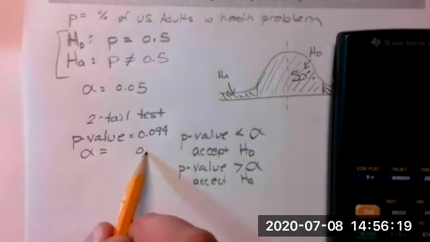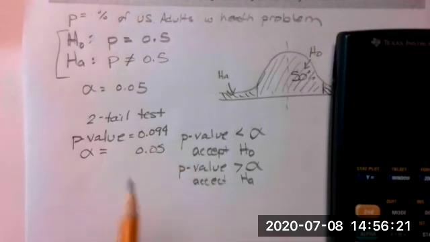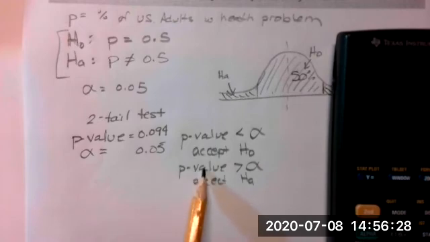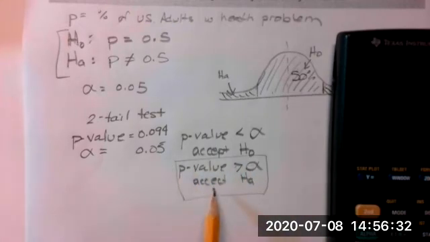And so we look at that compared to our alpha value, which is 0.05. So the condition that we have is that our p-value is greater than our alpha value. So we're going to accept the alternate.